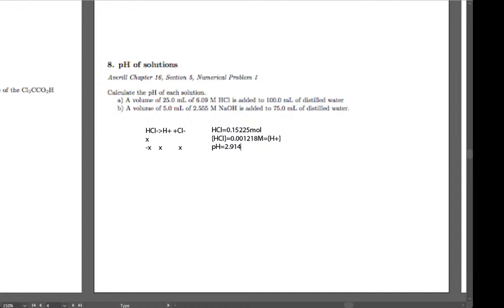It should be 0.125, because last time we divided with liters, so now we divide again by liters. And so this would actually be 1.218.